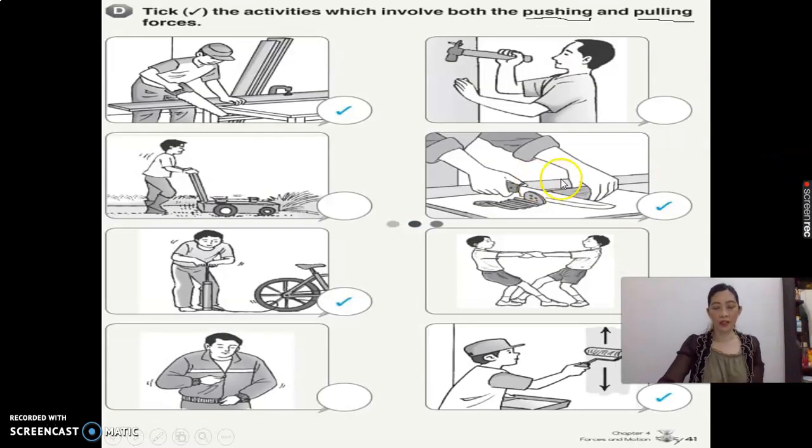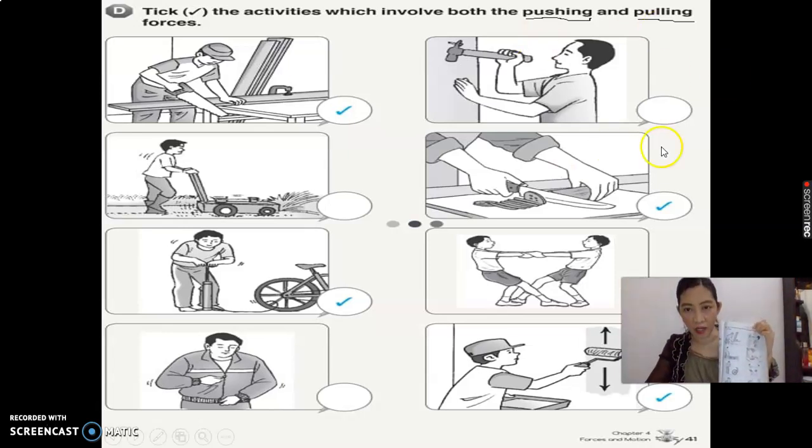And the last is letter D. Letter D already has an answer, so you only need to copy it. Tick the activities which involve pushing and pulling forces. Number 1 involves pushing and pulling, that's why I have a tick.